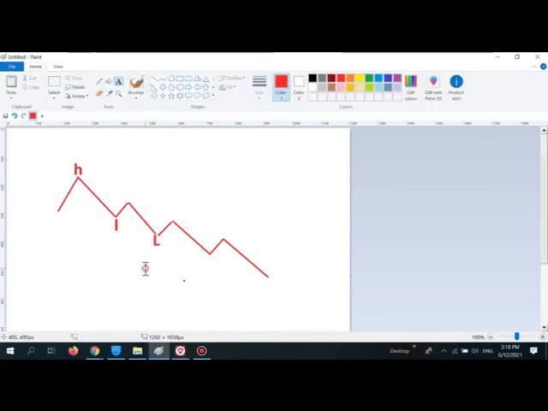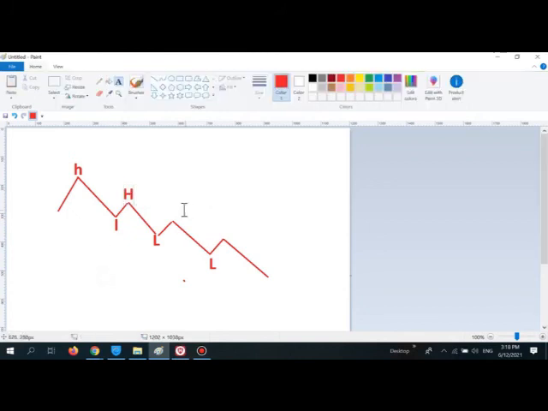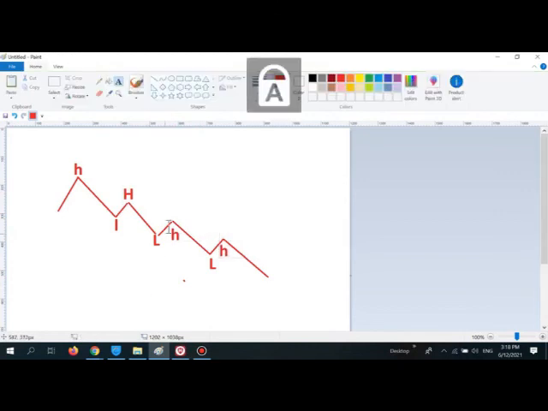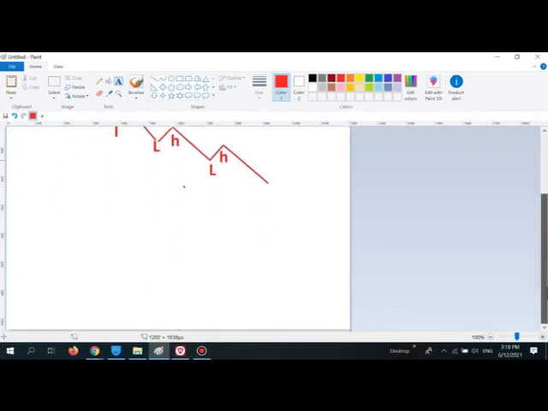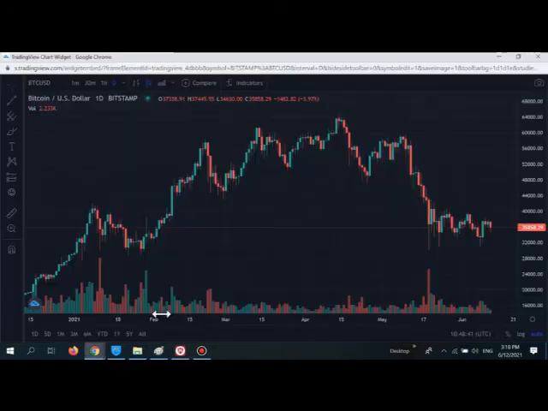When you have lower lows and lower highs, then you have a downtrend. I imagine you can picture the uptrend now. Just think about it. An uptrend is exactly the opposite of the downtrend. So we will speak about them in more detail later.